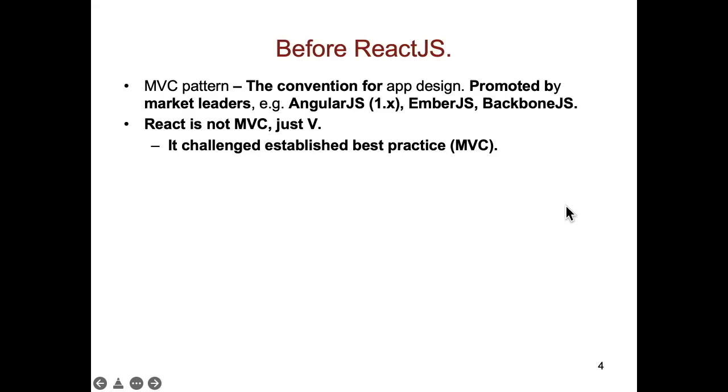Back around the mid-noughties, they all used the model view controller pattern as the way developers should structure their code. But the React team decided that they were not going to follow that practice. They were just going to focus in on the V part of MVC.